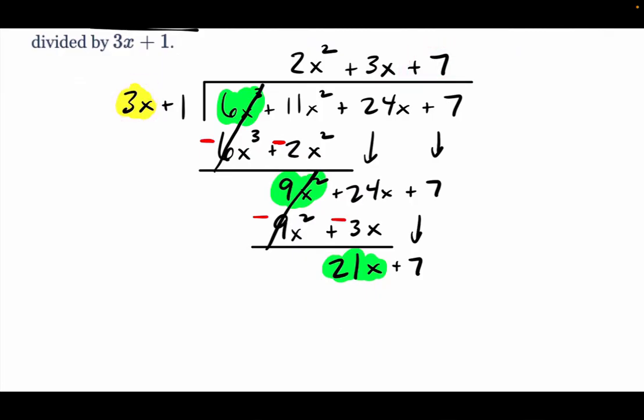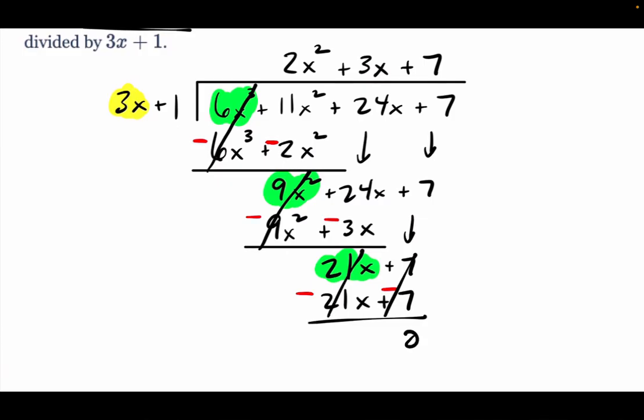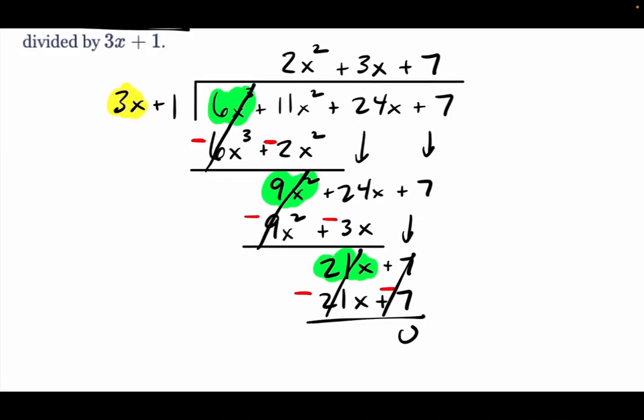I'm going to write that underneath here. 7 times positive 1, positive 7. Opposite, opposite. 21x minus 21x, 0. 7 minus 7, 0. Done.